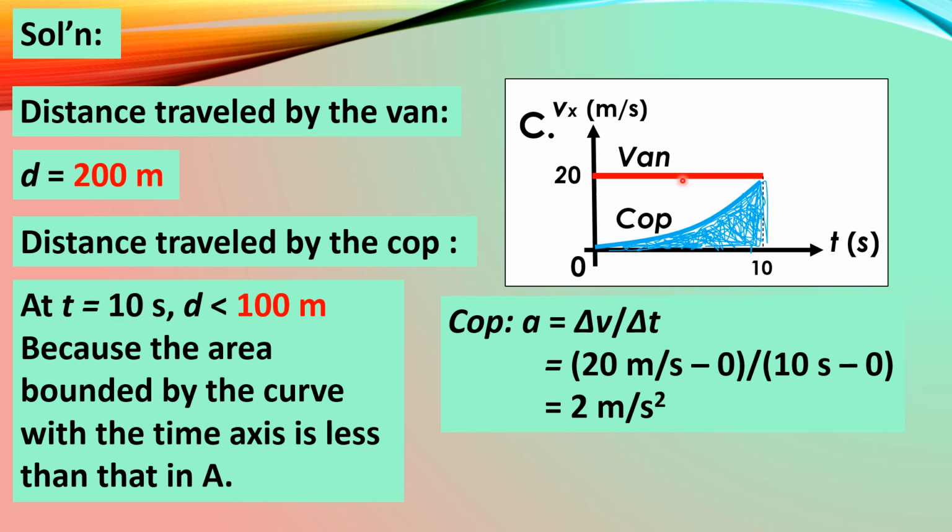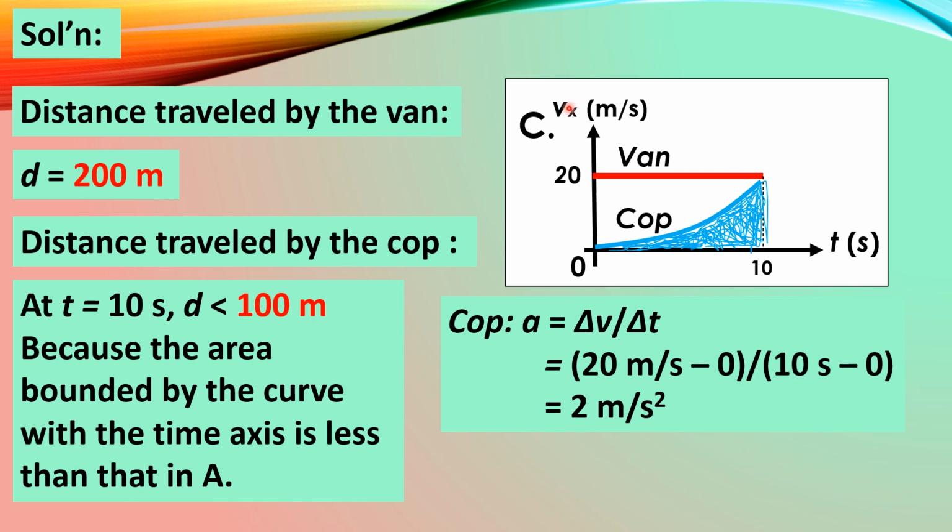But since the graph line is a curve, suggesting a varying acceleration, we can consider 2 meters per second squared as the instantaneous acceleration of the motorcycle at approximately t equals 5 seconds, which is half of the time interval 10 seconds. So we are using the concept of averaging.